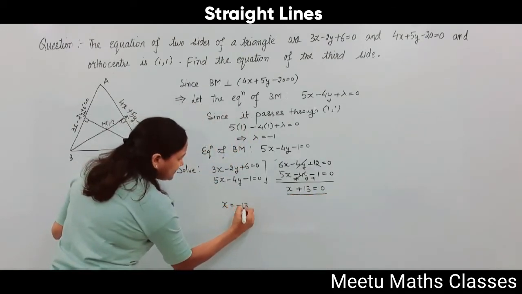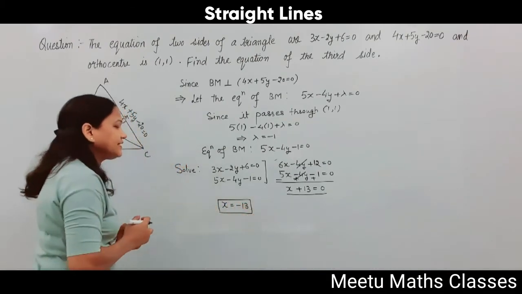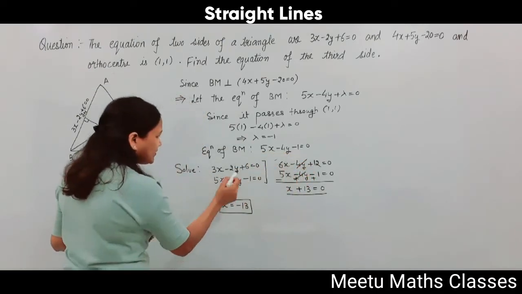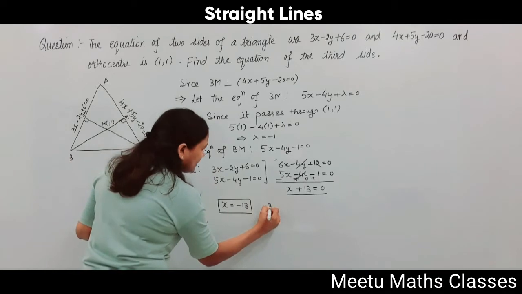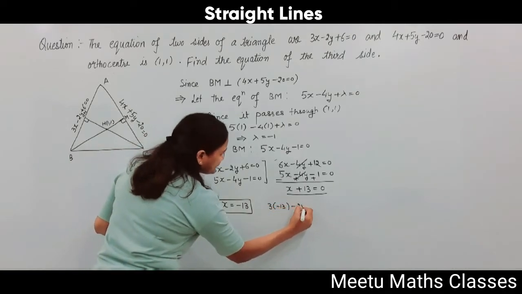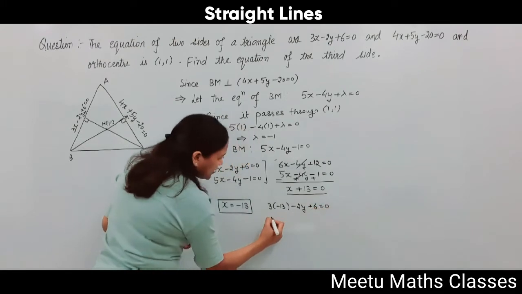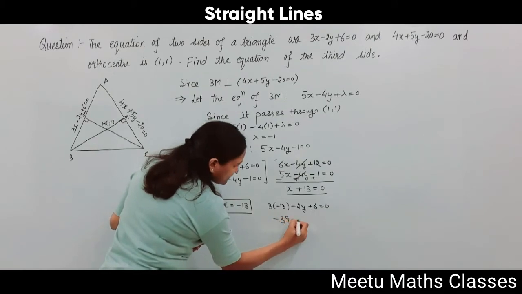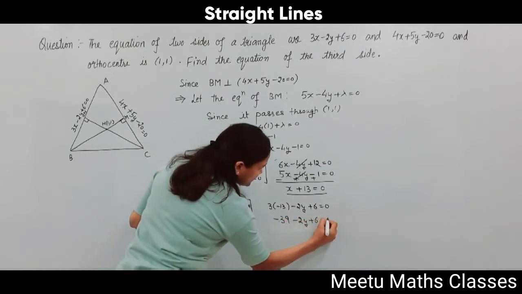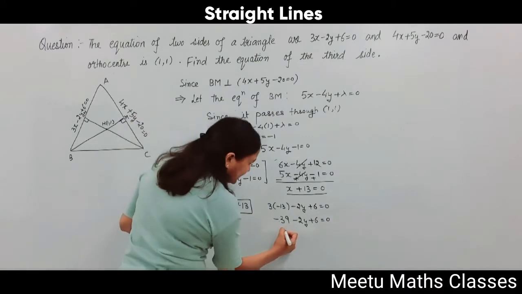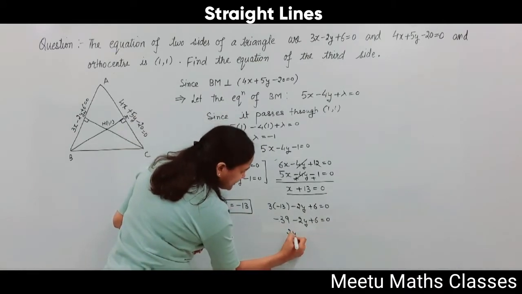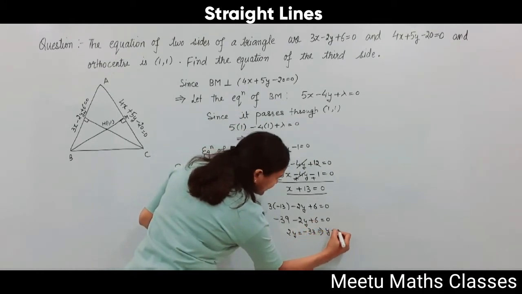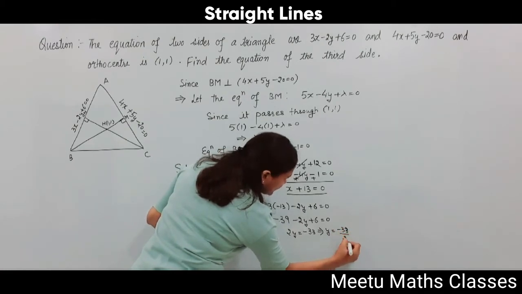So x is equal to minus 13. Now that the value of x is minus 13, by substituting in any one of the equations we get the value of y. So minus 39 minus 2y plus 6 equals 0, and that will give you 2y equals minus 33 and y equals minus 33 by 2.